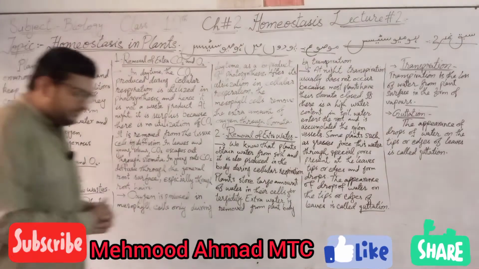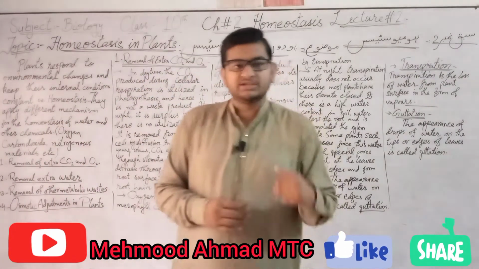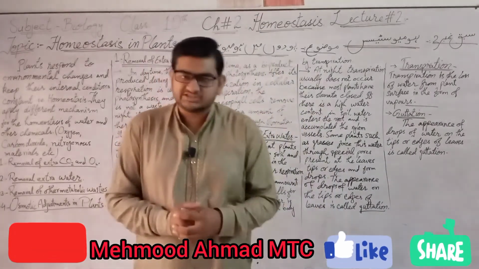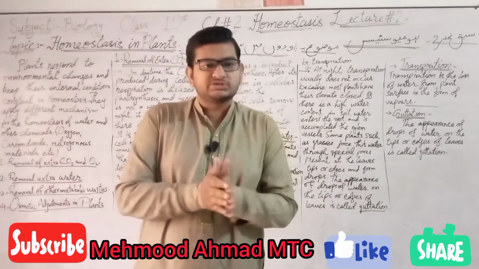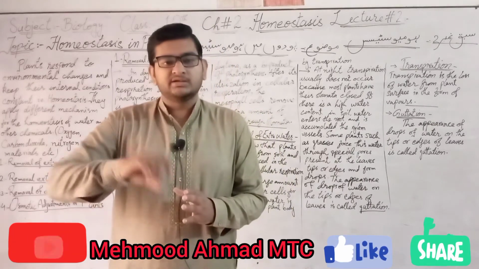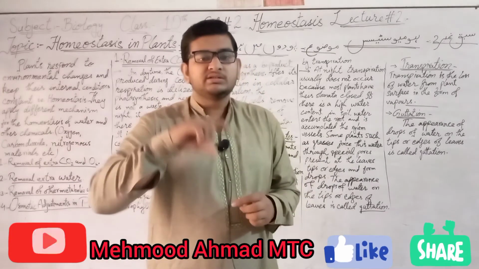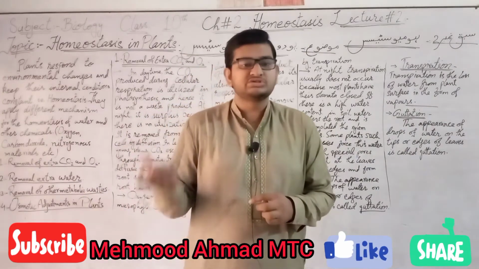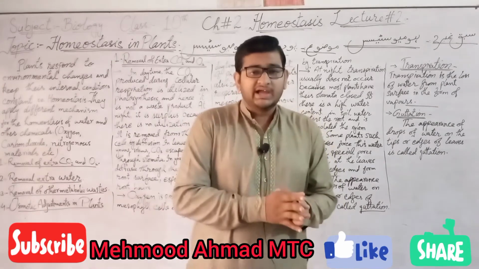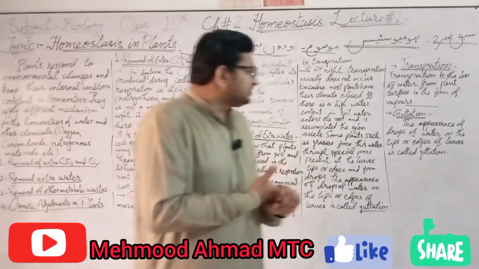As we know, plants do 2 processes. Number 1 is photosynthesis and the other is respiration. In photosynthesis, they do it in daytime, and by using carbon dioxide and water, they make their food, that is glucose, C6H12O6, and the byproduct is water.